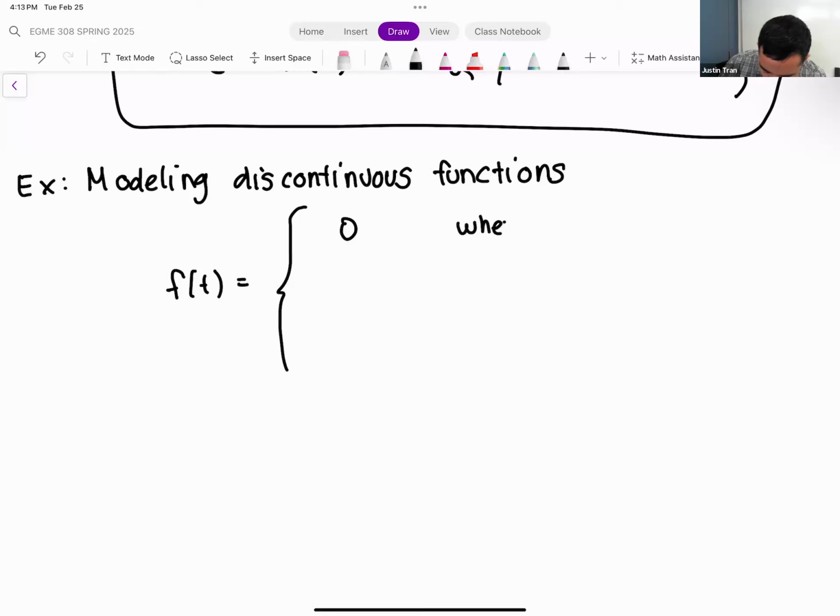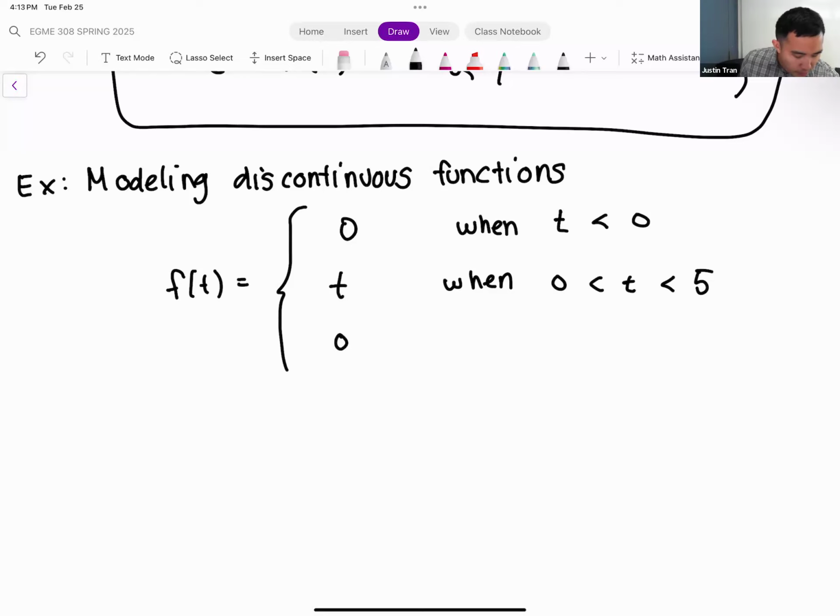Let's say that f of t we want to be 0 when t is less than 0. Let's say f of t takes the value of t when t is greater than 0 but less than 5. So our function is going to be active between 0 and 5.